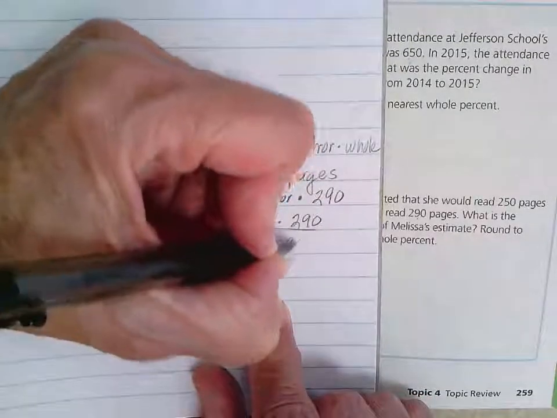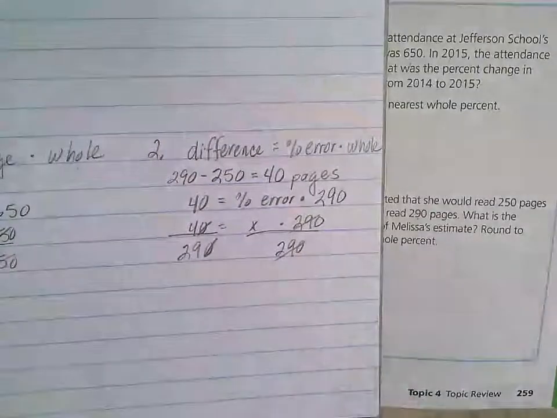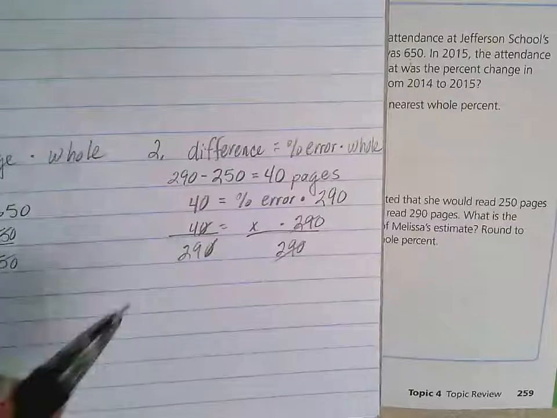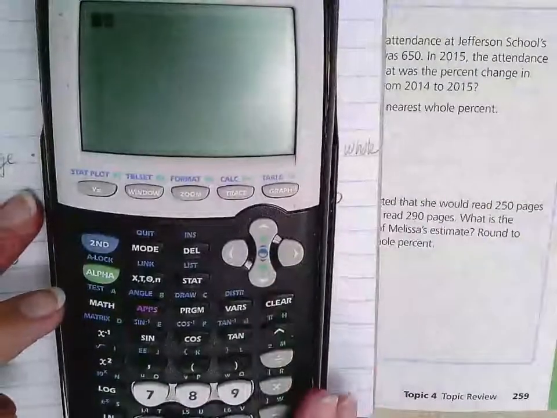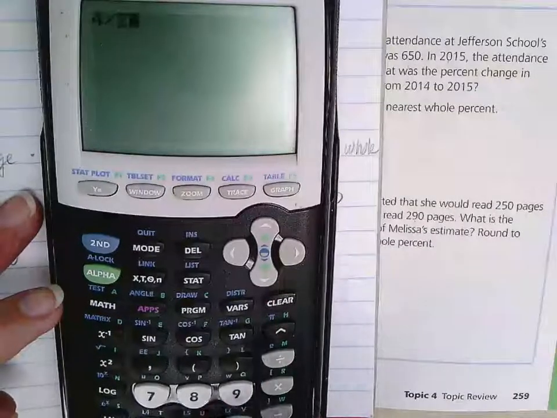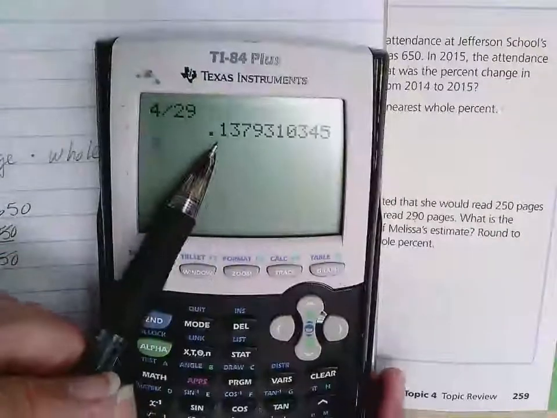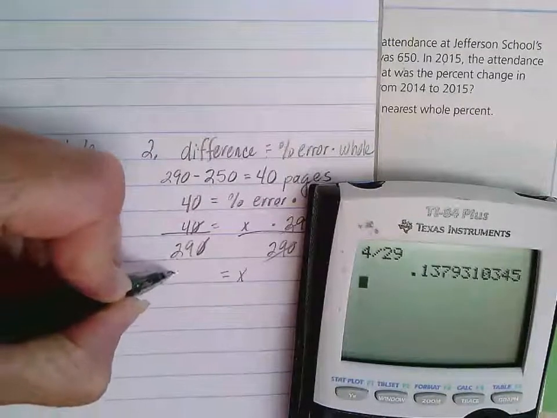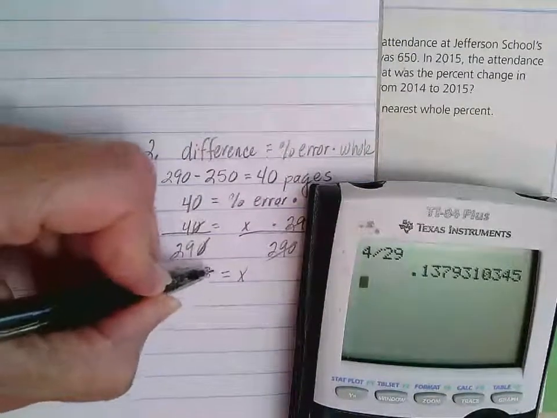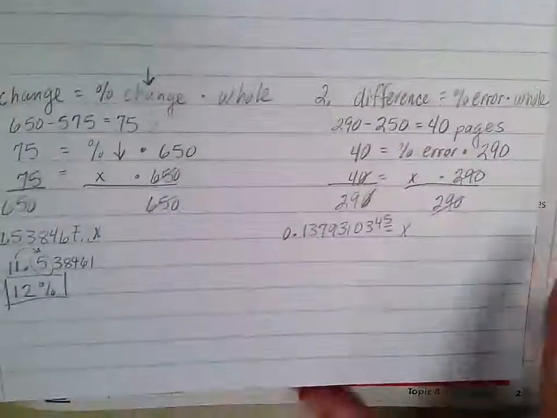Divide both sides by 290. I can cross out both of those zeros, and I'm going to have x equal to 4 divided by 29. And you can see that I get a decimal here. X equals 0.137931035. And they ask me to round to the nearest whole percent.